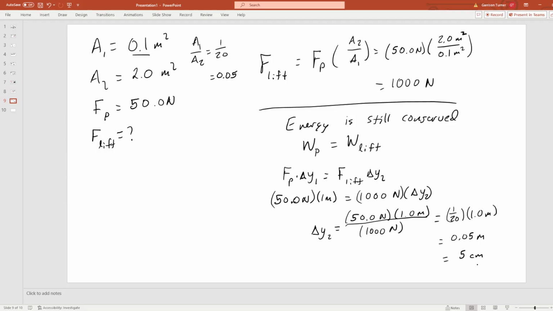Okay, so with this particular setup, even though you can raise 1,000 newtons, you're not going to lift it very far, even by pushing your original cylinder down quite a ways, right?